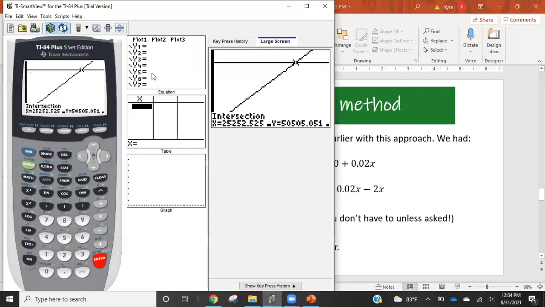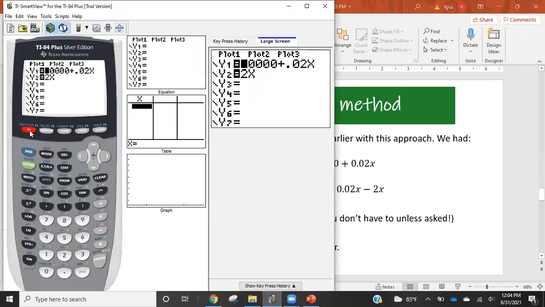So I'm going to go back to y equals, and I'm going to clear these out. Now I'm going to enter 50,000 plus 0.02x minus that 2x, because we moved everything to one side.